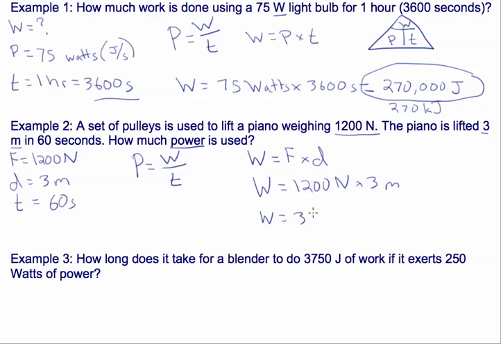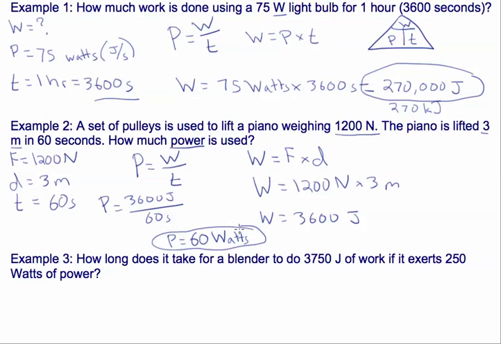So we do 3,600 joules. And to solve for our power, we do 3,600 joules divided by 60 seconds. And that tells us that we use 60 watts of power.